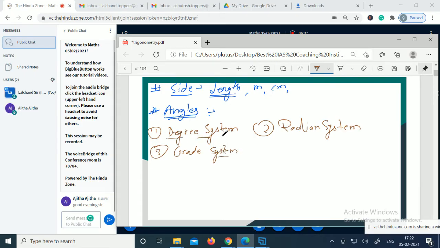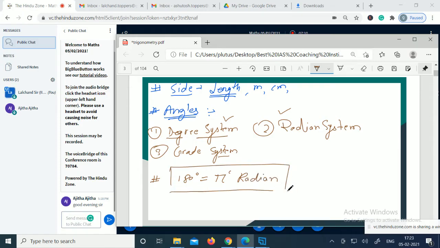In the degree system, basically we follow like 60 degree, 70 degree. The degree system was basically given by the British, and the grade system by the French people. Okay, so we mostly use the degree and radian systems. So we have an equation to convert degree into radian. So what is the equation? 180 degree equals pi radian, isn't it?